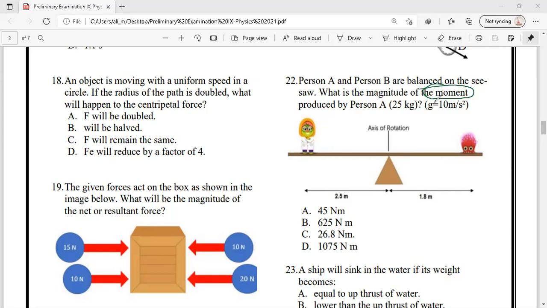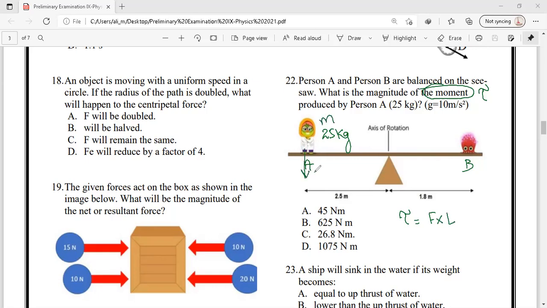Let's say this is person A and this is person B. The mass of the person A is 25 kilograms, and we have to find the moment or torque of just person A. सिर्फ person A का हमें moment calculate करना है, so we know that torque is equal to force into moment arm.